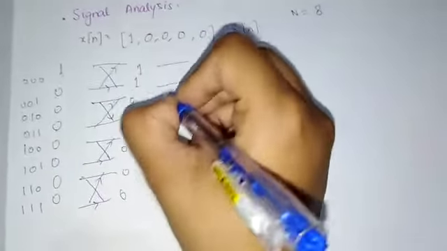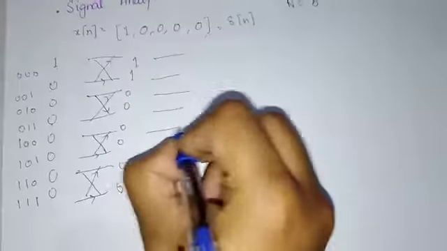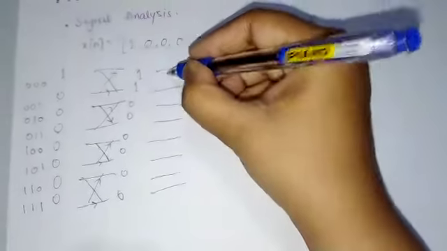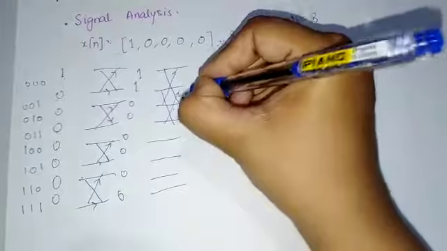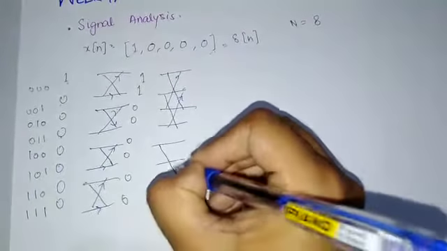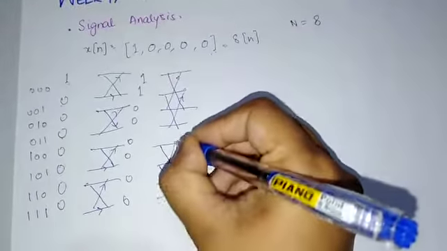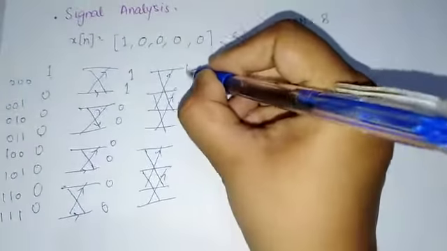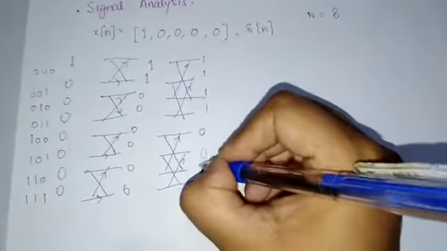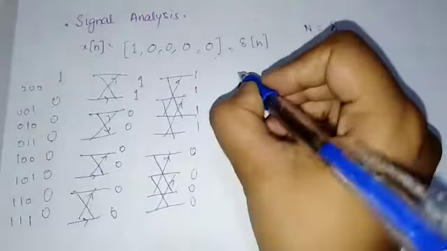In the 4-point DFT, we have something like this, and the answer here is 1, 1, 1, 1 for even and 0, 0, 0, 0 for odd.